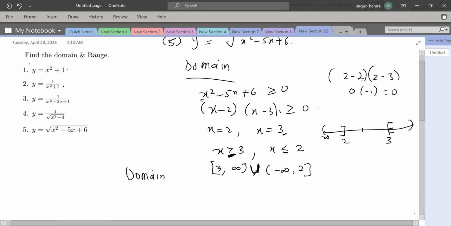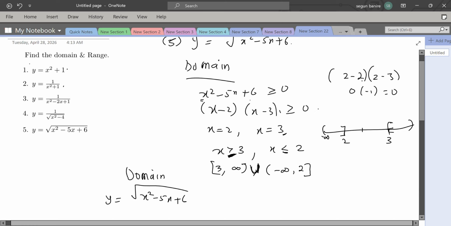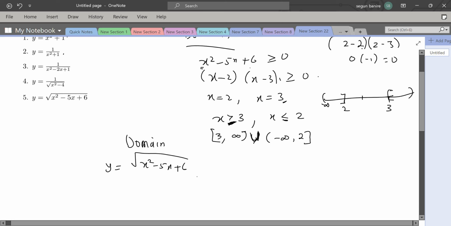Now let's look at the range. y is equal to the square root of x squared minus 5x plus 6. Let's look at the range. So to get the range now, we look at the possible values of y.